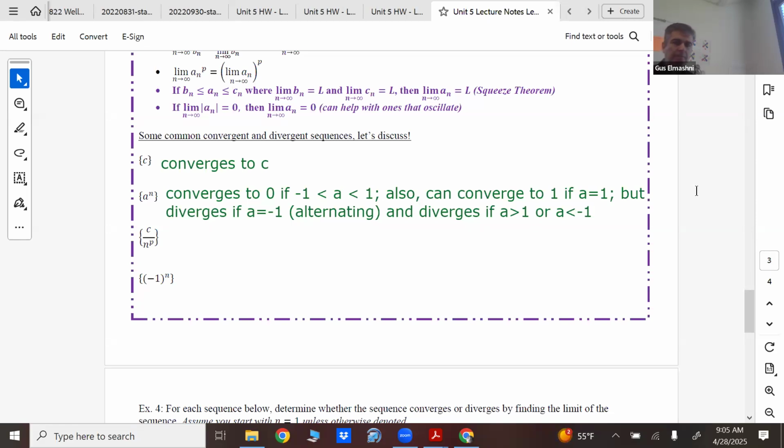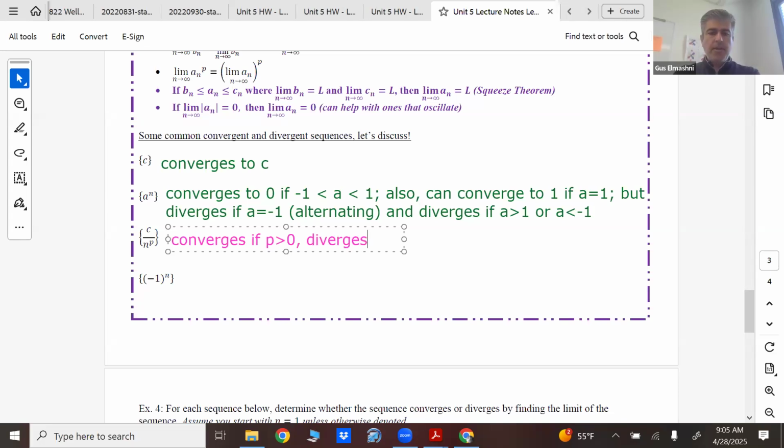Okay. Now for this next one, let's switch colors for a bit of contrast. This converges if P is greater than 0, because n is your base, right? Diverges if P is less than 0.